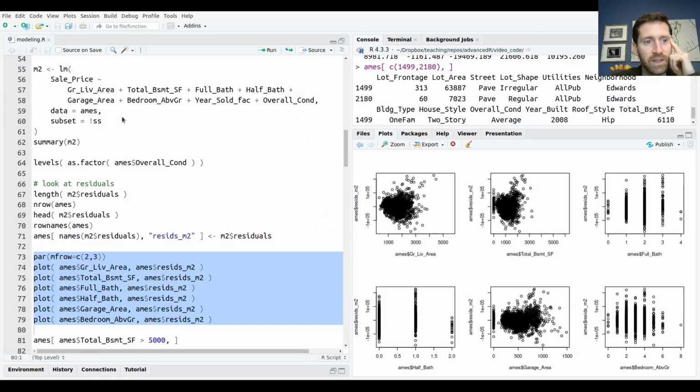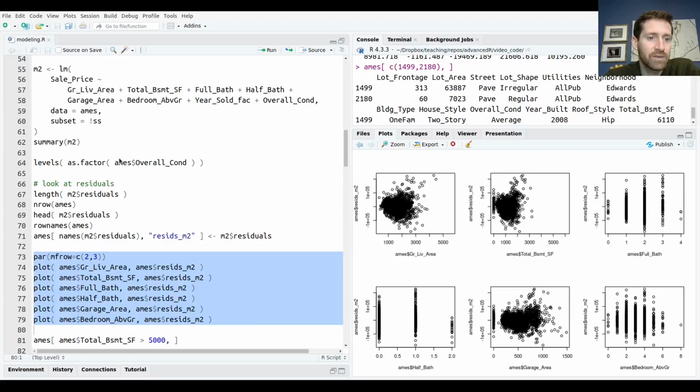What else? The other thing we maybe should deal with is the fact that the variance of the residuals seems to depend on the size of the house. For these smaller houses, it's easier to predict the price of the house using this model, because the residuals tend to be closer to zero, whereas they're more spread out here.